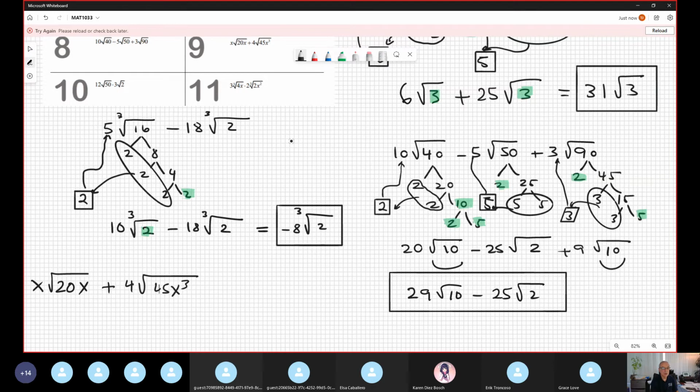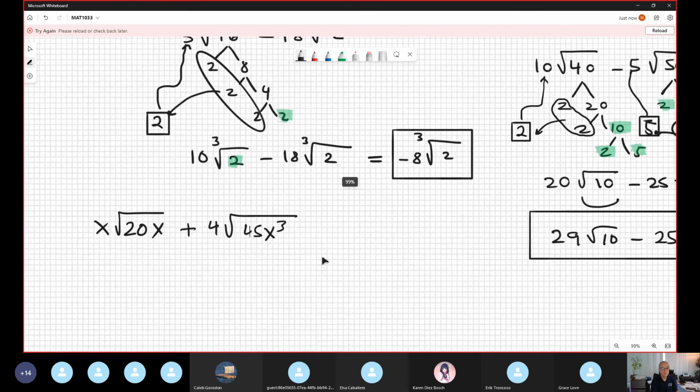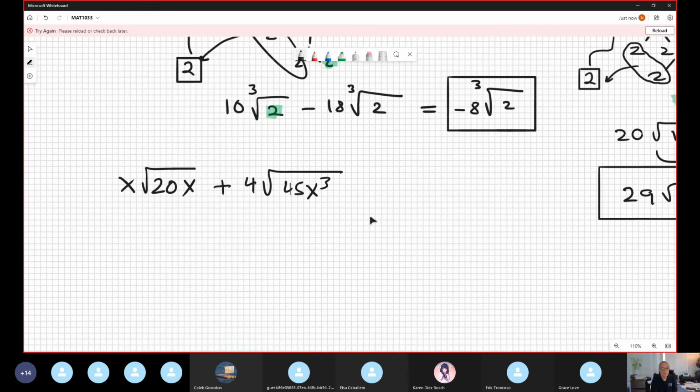Suppose this: x radical 20x plus 4 radical 45x cubed. Okay, factorization. 20 is 2, 10, 5. A couple of 2 on both sides. We have 2x radical 5x. This 5 is this 5.